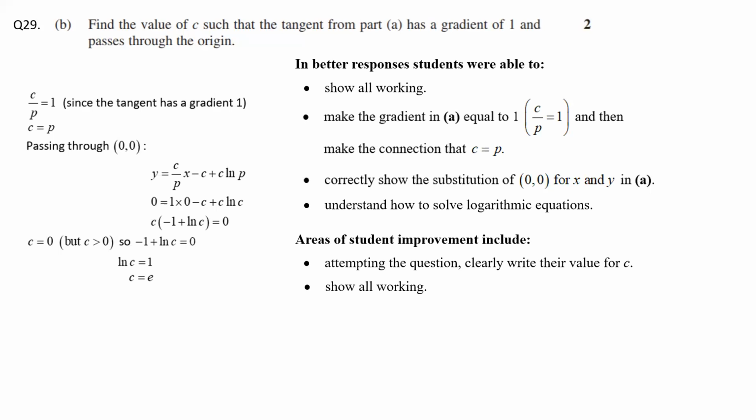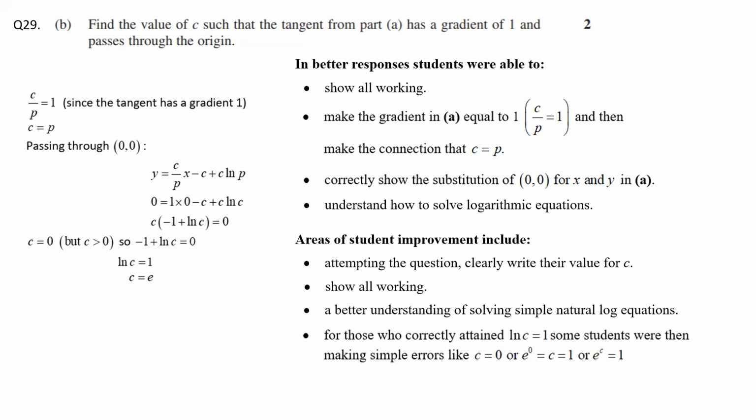Showing working out is something that needs to continue and continually be pressed with the students. Better understanding of solving simple natural logarithmic equations, because they're able to do some concept of it, but then they get to this line. So you've got ln c is equal to 1.